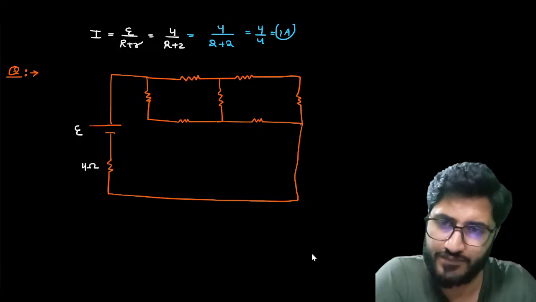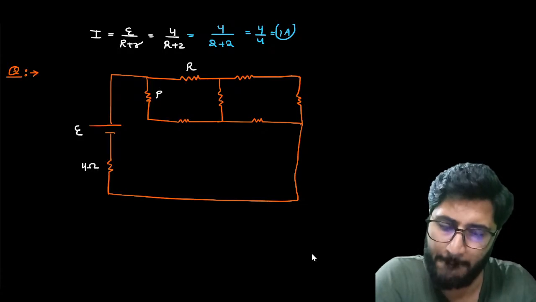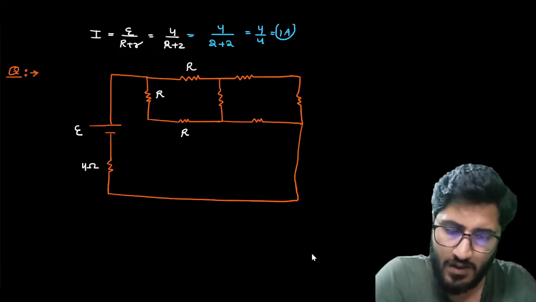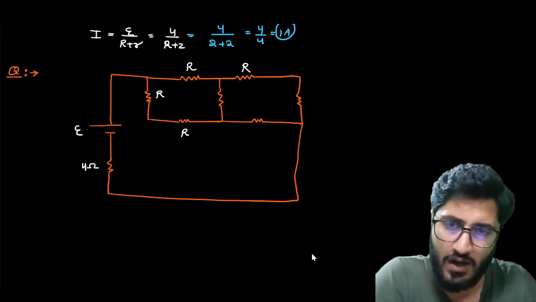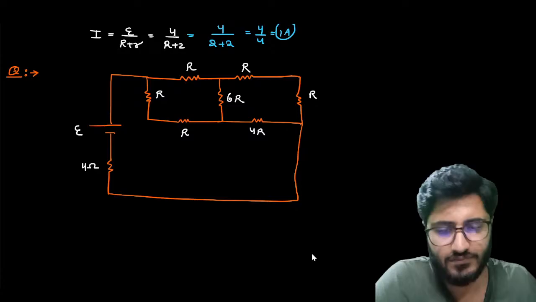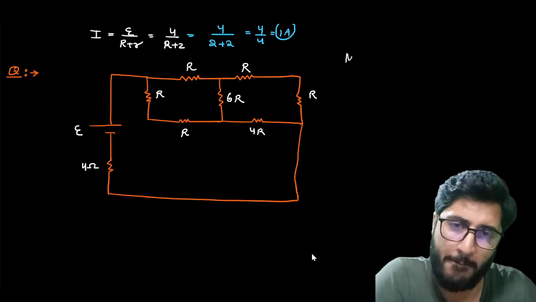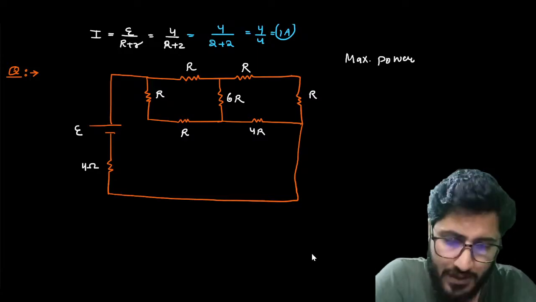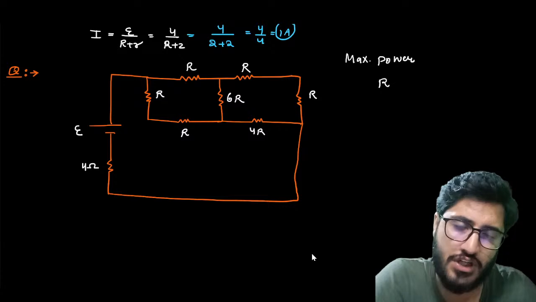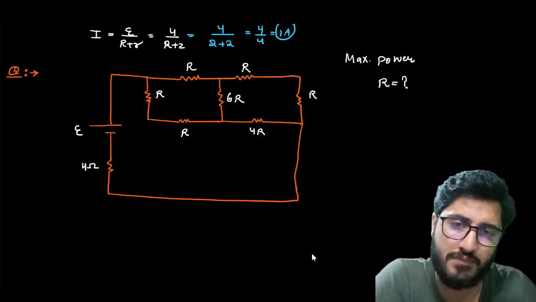Four ohm. R, R, R, R, R, 4R, 6R. Done. So for maximum power, the question is, for maximum power, what needs to be the value of this R?